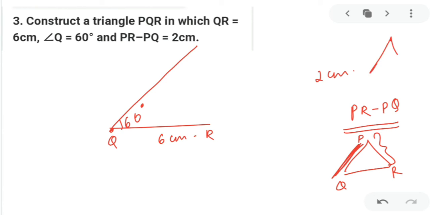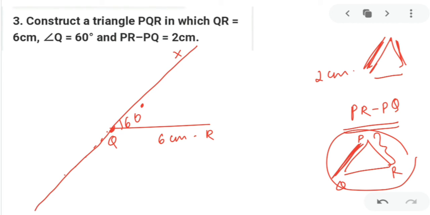In your previous triangle it was this minus this. So in this case you have PR minus PQ. So the 2 centimeter which you are taking, you have to mark it on Q. You have to extend it. If I name this as X, you have to extend XQ down. 2 you have to mark it here, down.